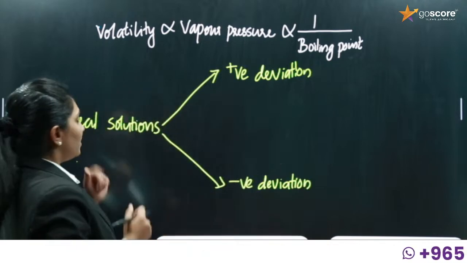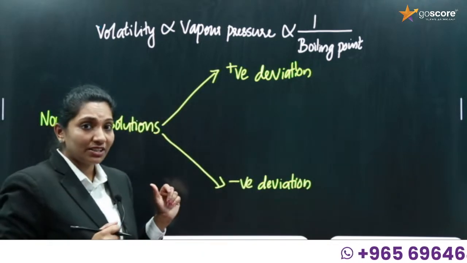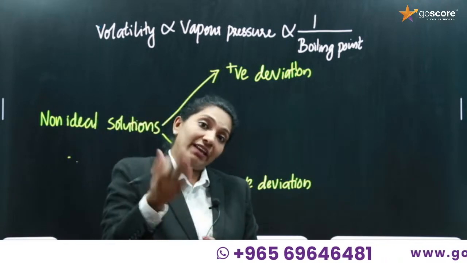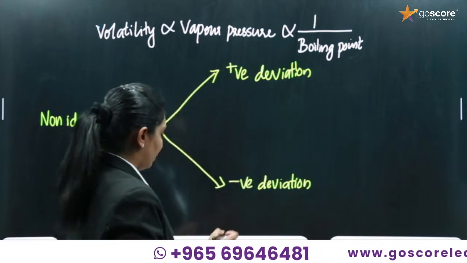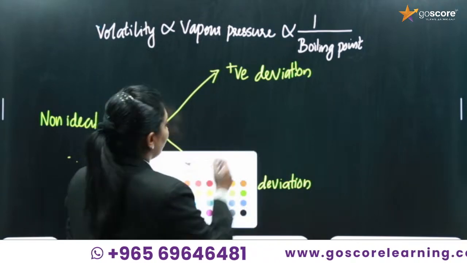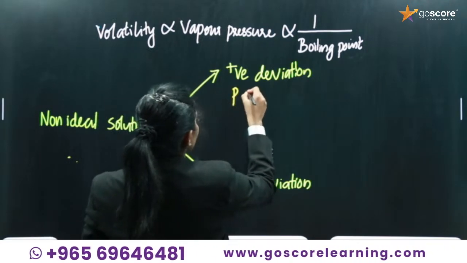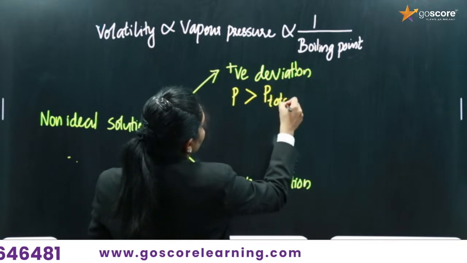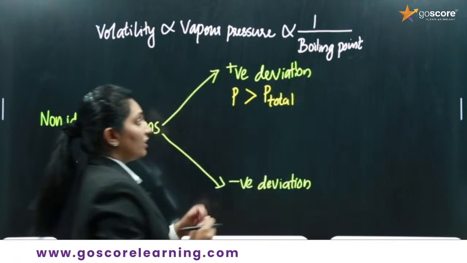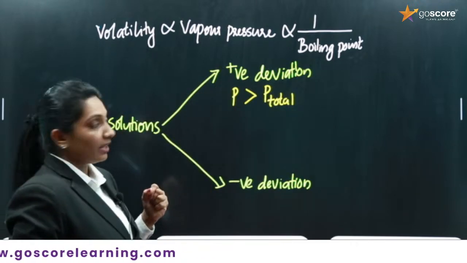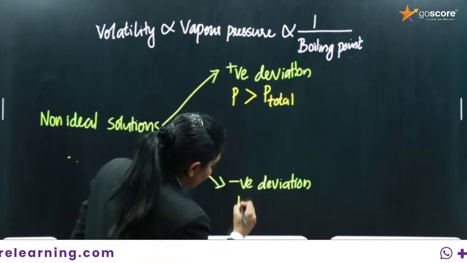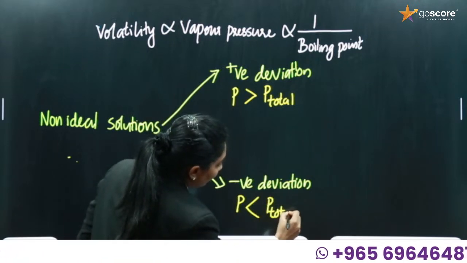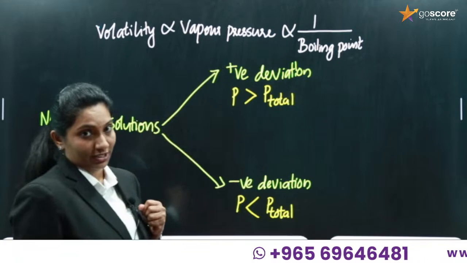So, what is actually this positive deviation? If the pressure exerted by the solution is greater than that of the total pressure, then it is called a positive deviation from Raoult's law. Okay, and when it is lesser than that of the total pressure, then it is called a negative deviation.